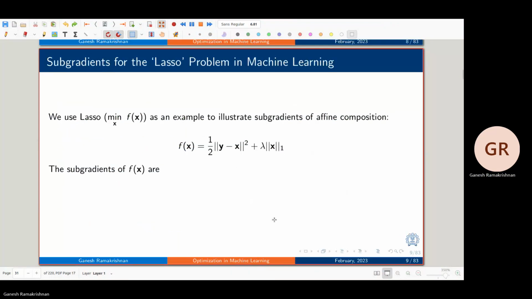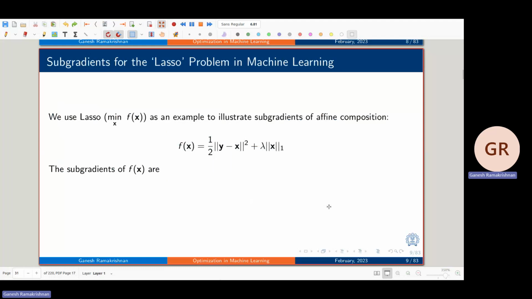Okay. Now, the lasso problem, if I have to compose all of these. In the lasso problem, we have taken one half the squared norm of y minus x, plus lambda times the norm of x. We wanted to compute the subdifferential of this.